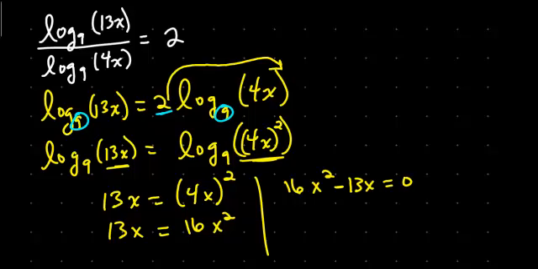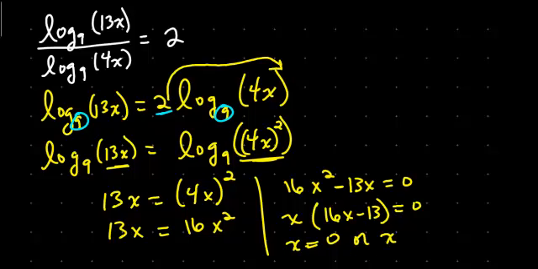Factor out the x, and what do we get? x times 16x minus 13 equals 0. So we get x equals 0, or x equals 13/16. Now you got to check your answers.